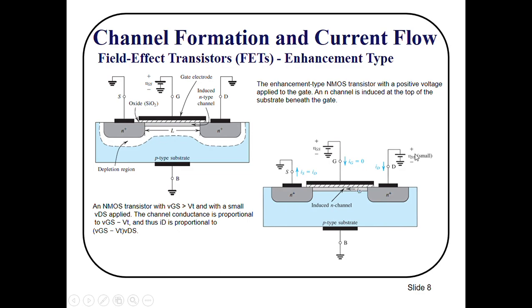If you apply some VDS here, then the current will start flowing between the drain and source terminals. This is the mechanism of channel formation and current flow in an enhancement type of transistor.